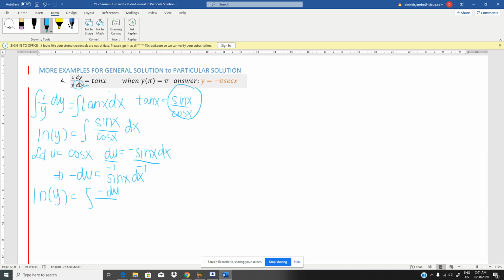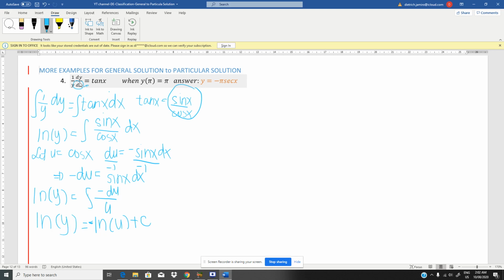Our cosine x is equivalent to u, so we will have the integral of negative du over u. The integral of negative du over u is equivalent to negative ln of u plus c. Sorry, I forgot the negative sign here. We have a negative sign, so it is equal to ln of y.